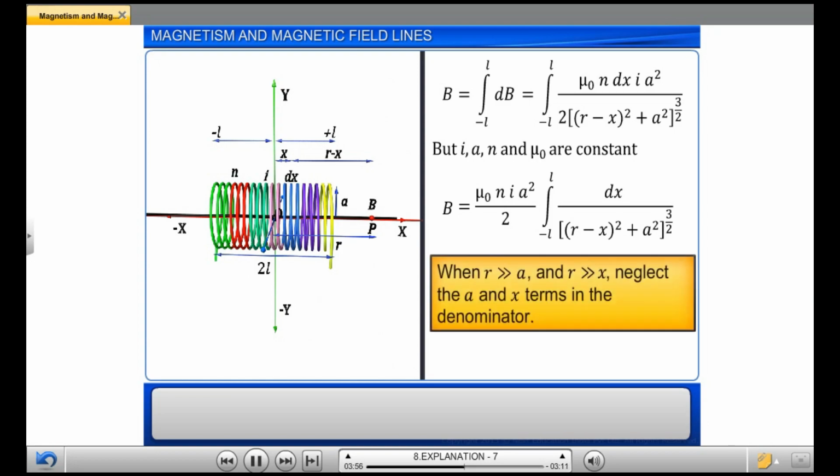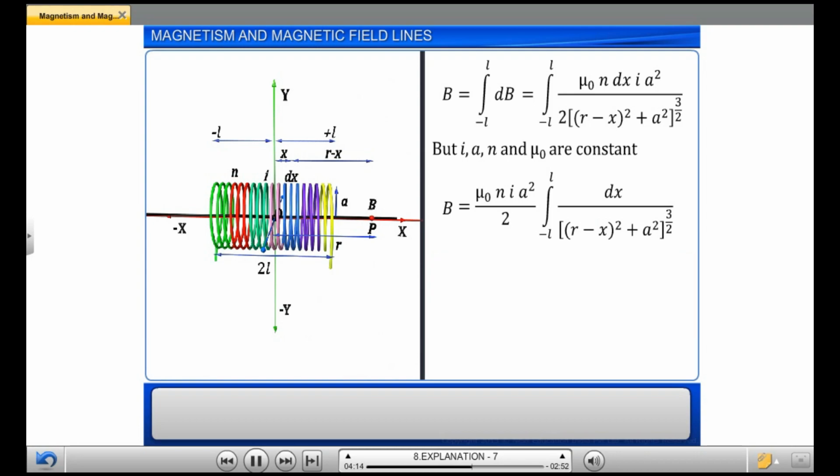When we consider the point on the axis of the solenoid at a large distance, r is much greater than a and r is much greater than x. Hence, we neglect the terms a and x in the denominator of the expression for B. Then, B is equal to mu naught n I a square by 2 into the integral from minus L to L of dx by r cube.